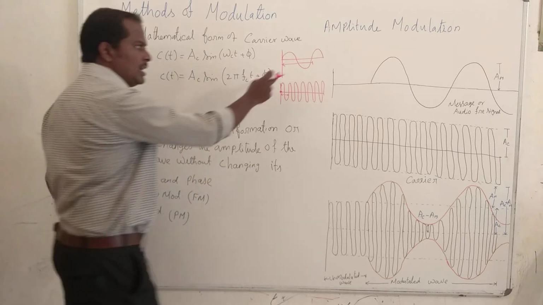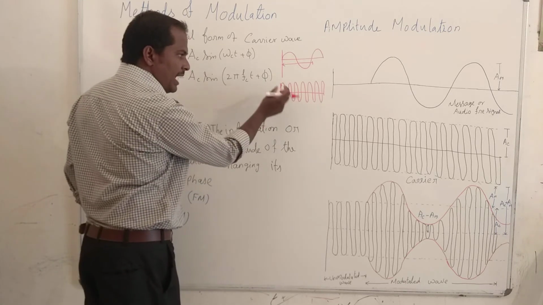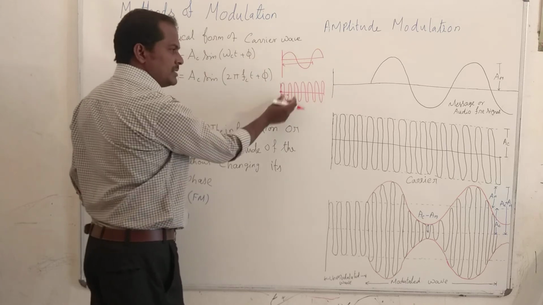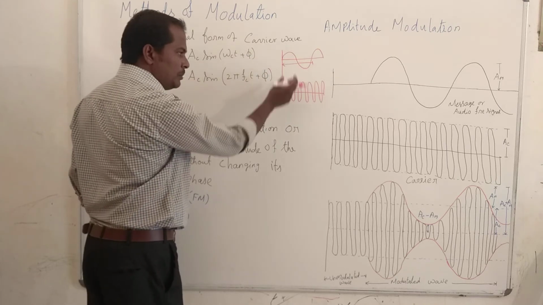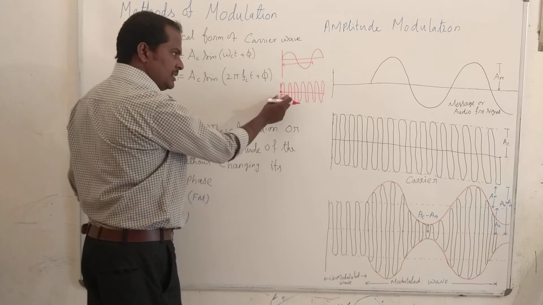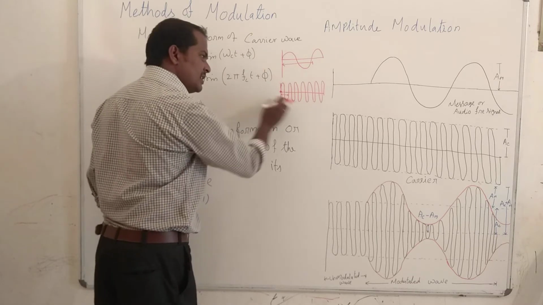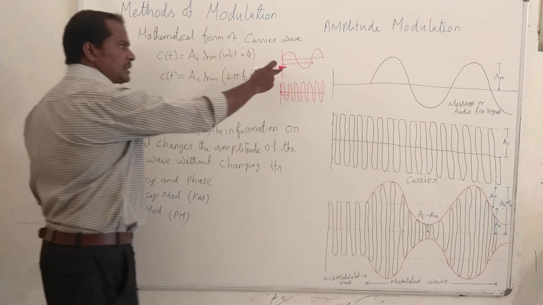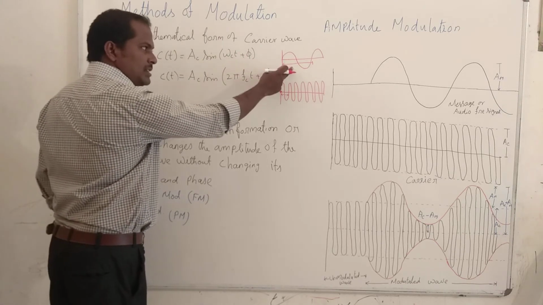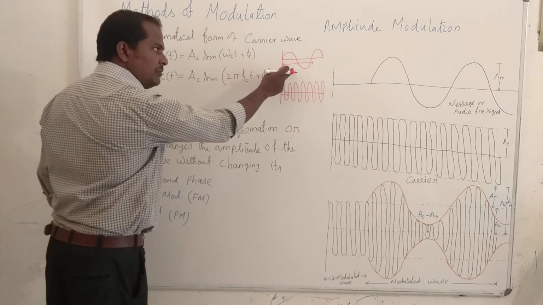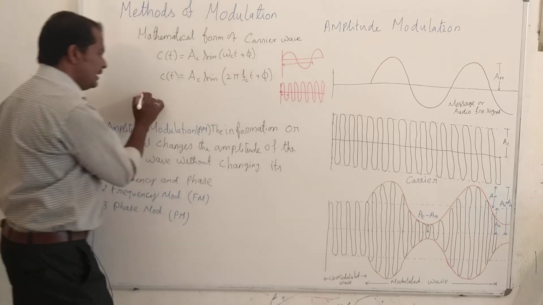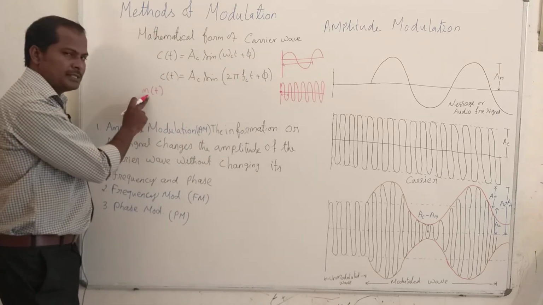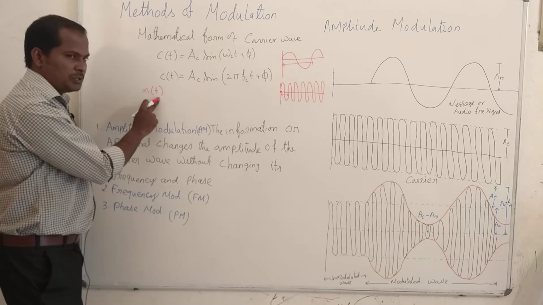Next, this carrier wave is changed by the addition of the message wave. The message signal, the low frequency baseband signal, is written as m of t, where m represents the message signal with respect to time.